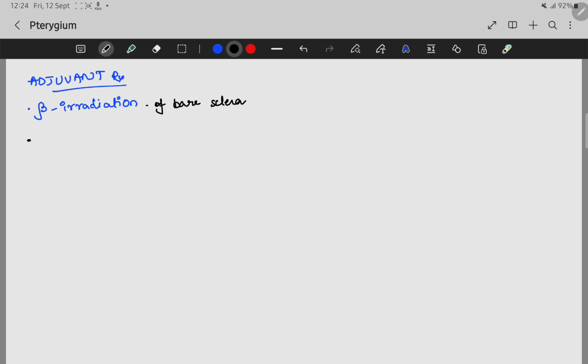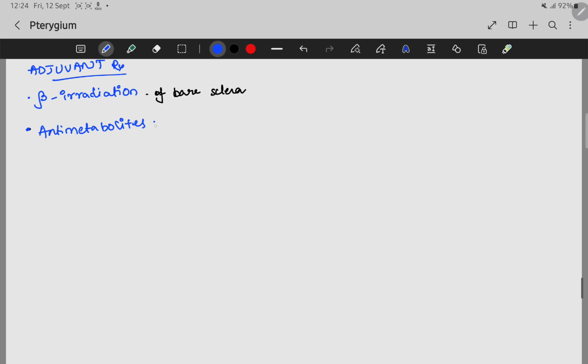Then we can use antimetabolites. So what are these antimetabolites and what do they do? They inhibit DNA synthesis. This is a common mechanism of action. In that way it reduces fibroblast proliferation.